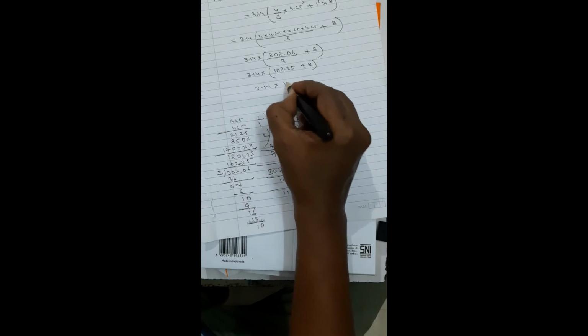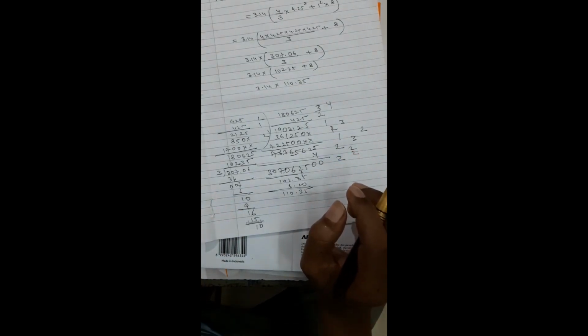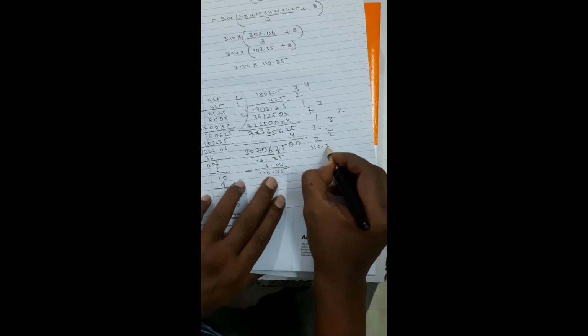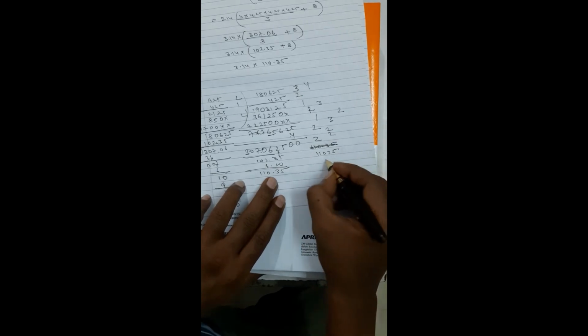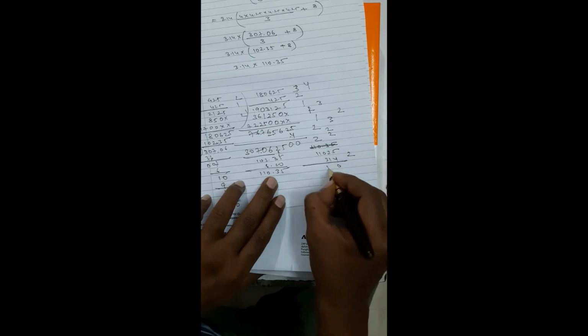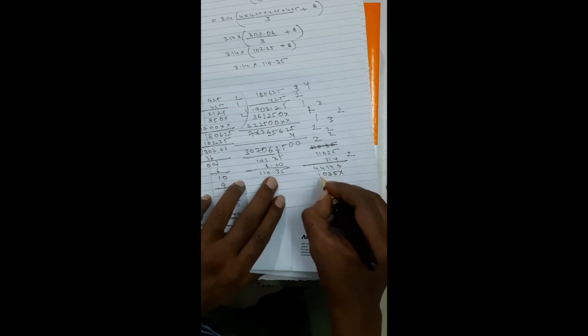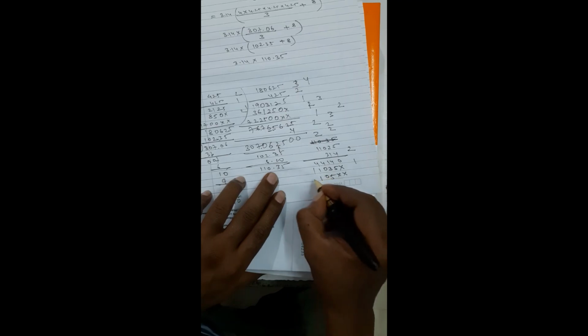3.14 into 110.35. This if I multiply, okay, 110, the decimal I have to actually ignore, into 314. 4 5s are 20, 4 3s are 12, 13, 14, 4 1s are 4, 4 1s are 4, 3 5s are 15, 3 3s are 9, 10, 3 1s are 3, 3 1s are 3.